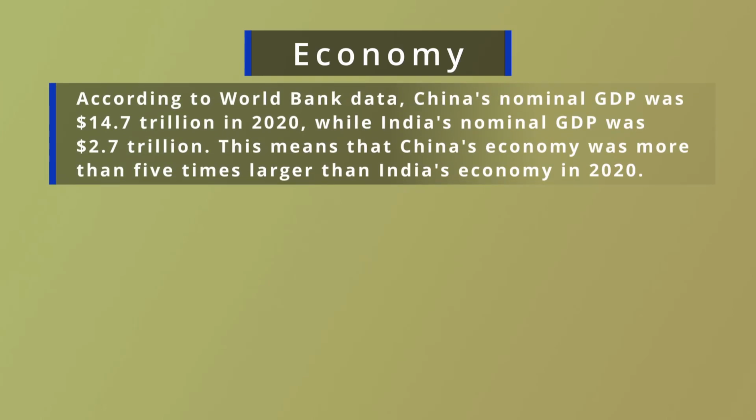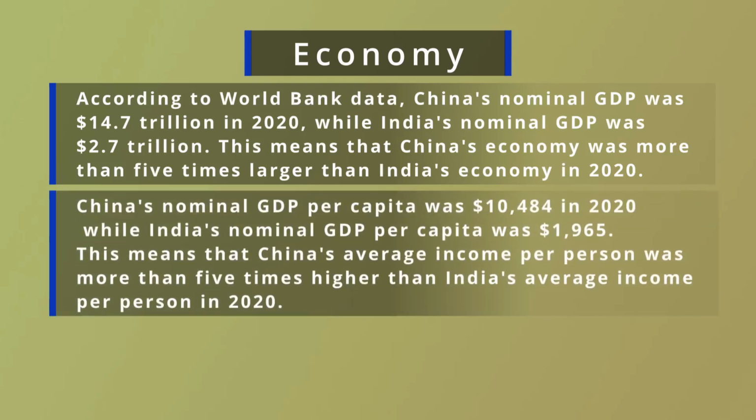According to World Bank data, China's nominal GDP was $14.7 trillion in the year 2020, while India's nominal GDP was $2.7 trillion. This means that the Chinese economy was more than 5 times richer or larger than India's economy in the year 2020.